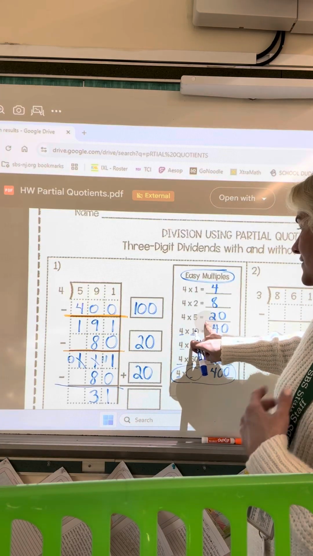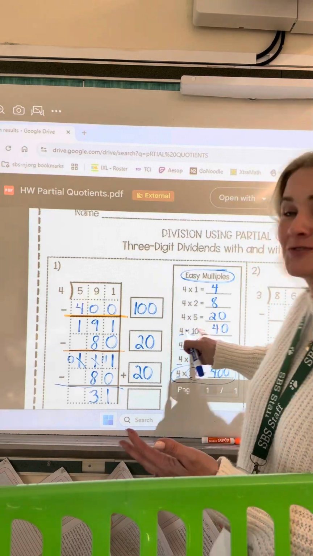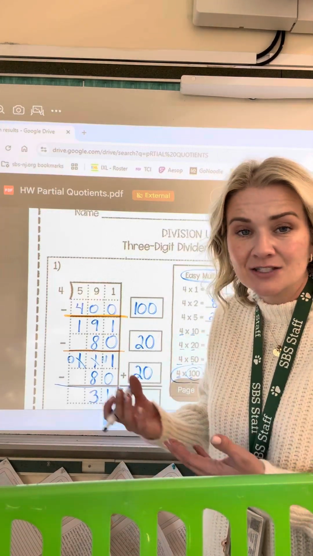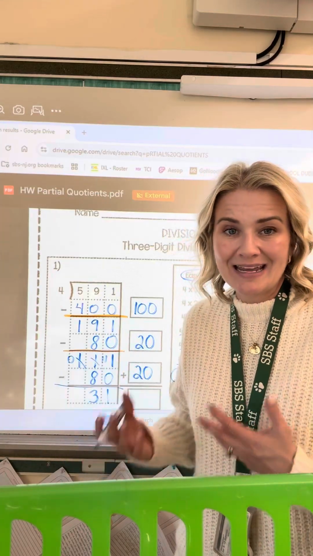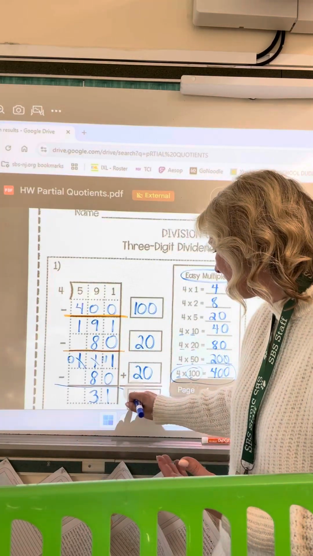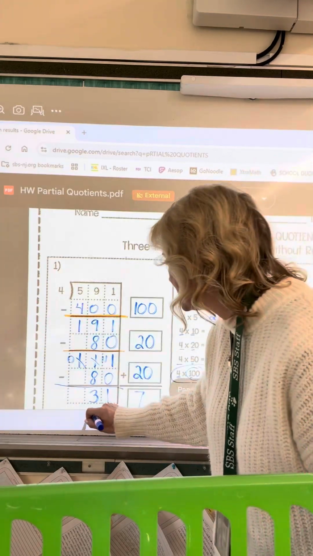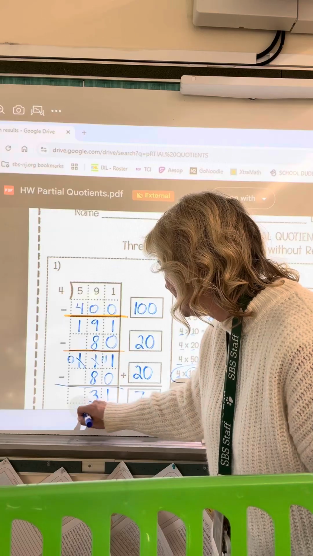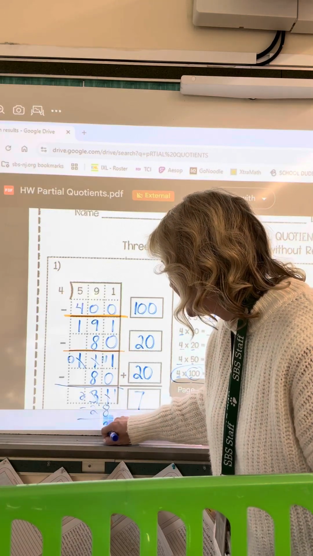So 4 times 5 is 20. They also know that 4 times 6 is 24, which would get me closer. And they know that 4 times 7 is 28. So if the kids know it's 7, rather than using one of these multiples, they could do 7 times 4, 28, subtract, can't do it, regroup, and get a remainder of 3.